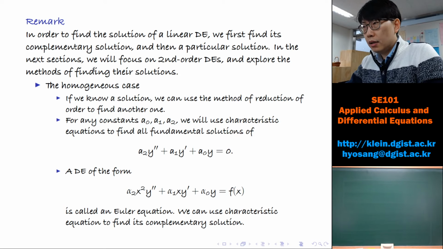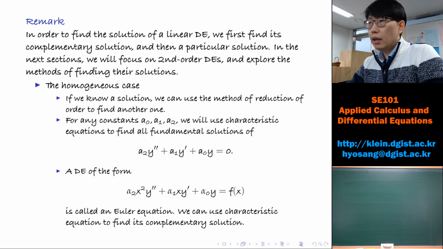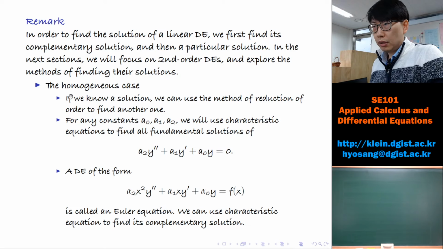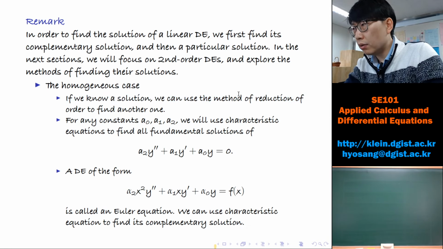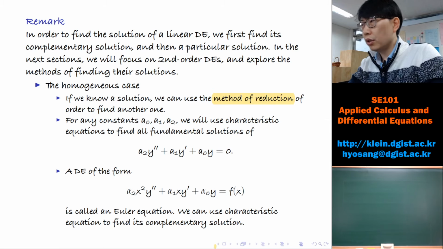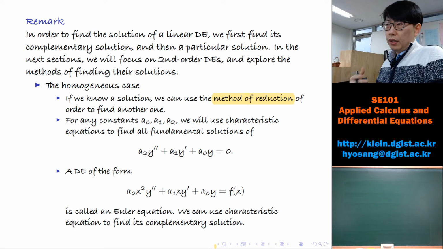In the homogeneous case, if we know one solution, that's the one condition here, we can use the method of reduction of order to find another one.